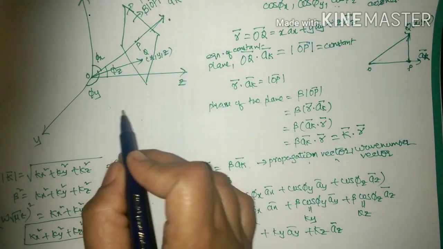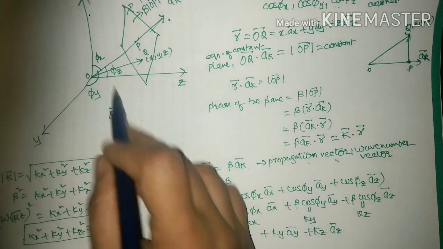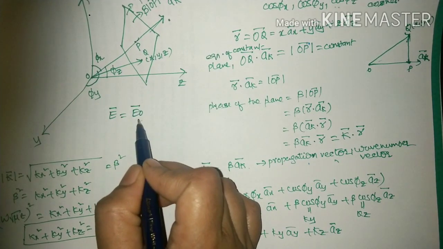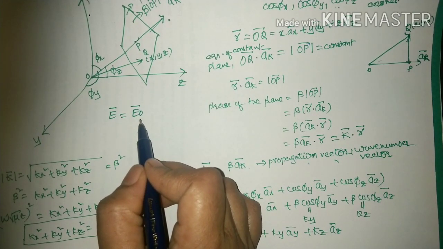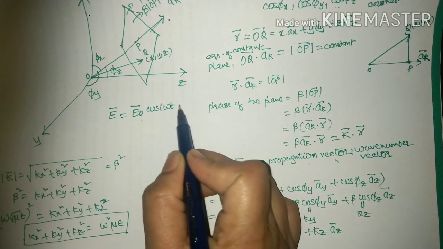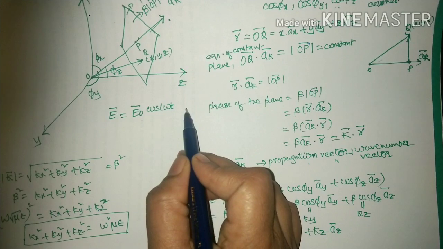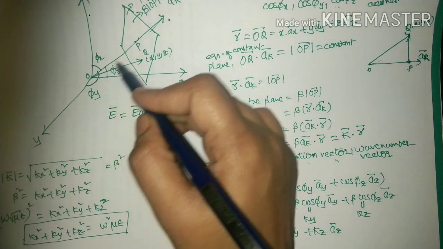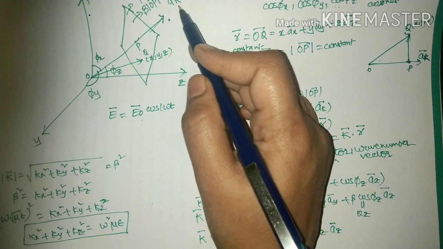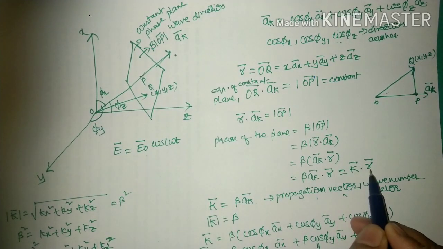Let us represent the electric field in this direction. E bar is equal to E naught bar, where E naught bar is the orientation of the electric field, into cos of omega t minus beta z, actually for the wave which is propagating along z direction. Now the wave is propagating along the direction ak bar, so you can represent the phase variation with distance as k bar dot r bar.